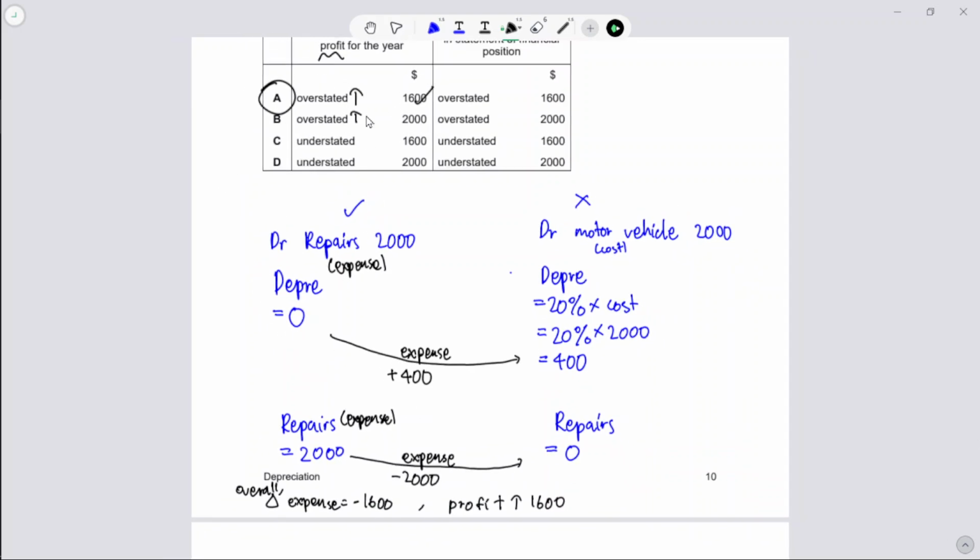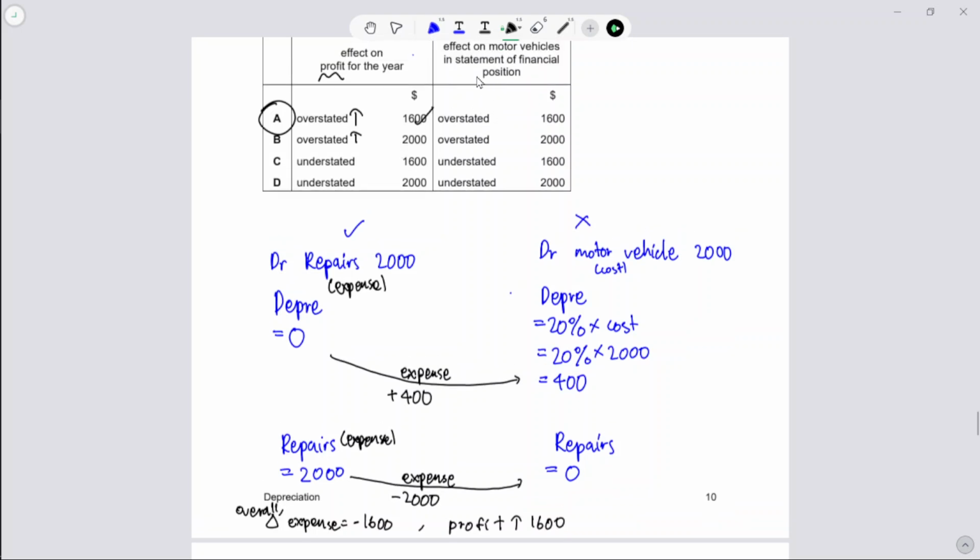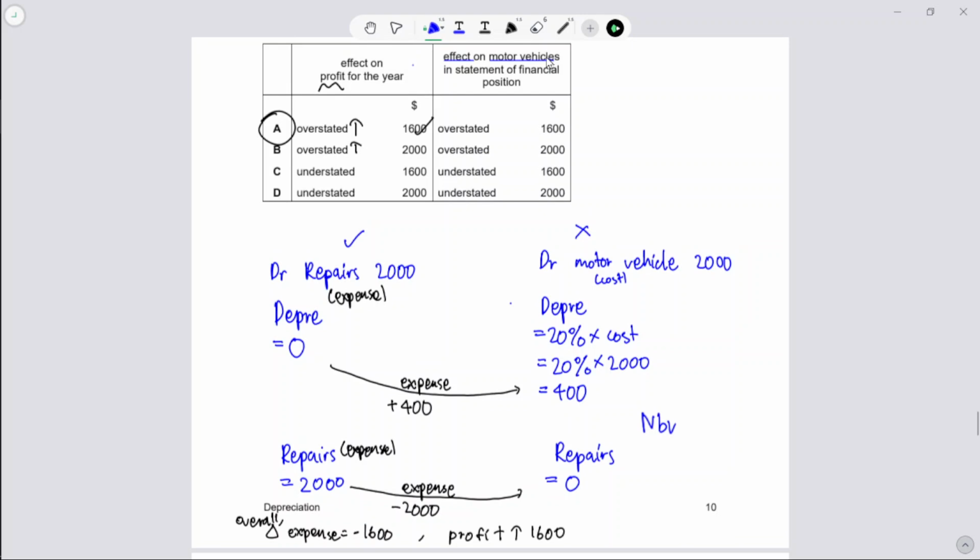Yeah. So okay. So this one motor vehicle, how does it affect it? So this one will be the net book value. Because the motor vehicle is an item, right? So you'll find net book value. So the net book value will be 2000 minus 400. So we'll get 1600. By the way, it shouldn't record it.